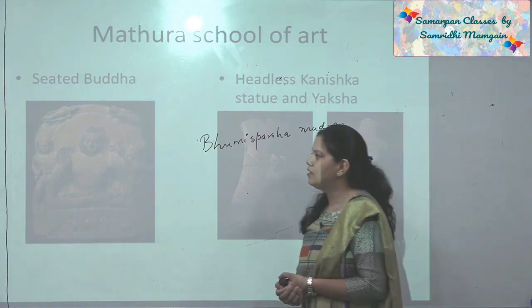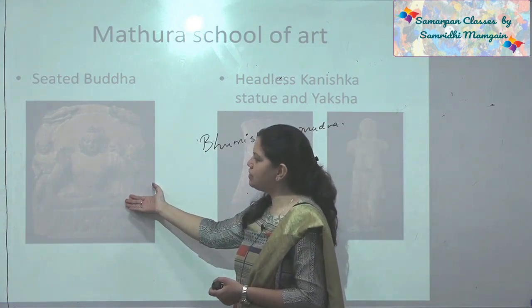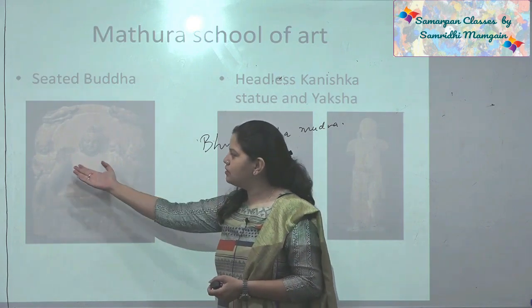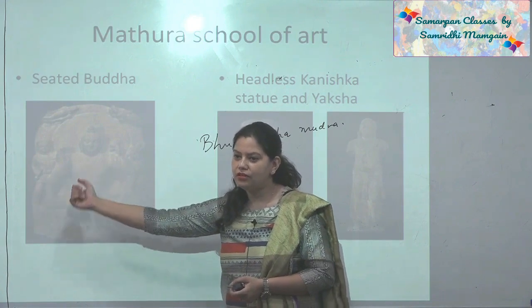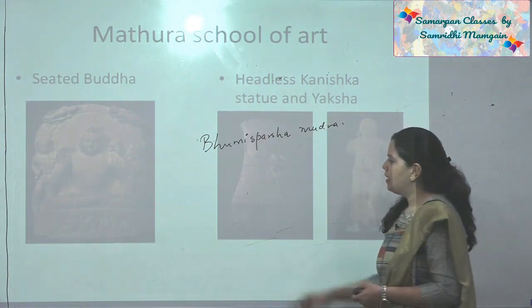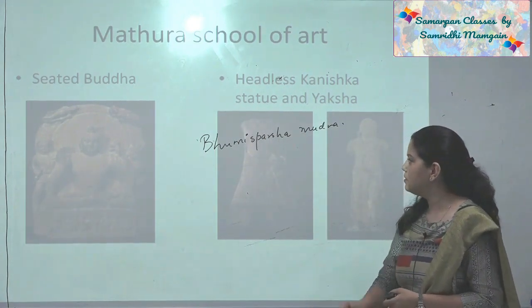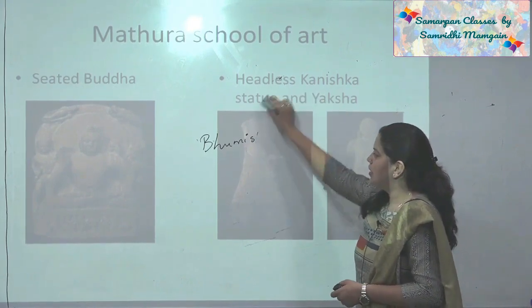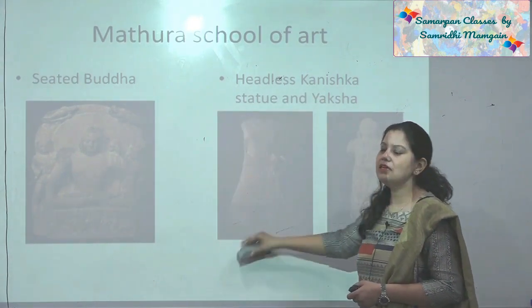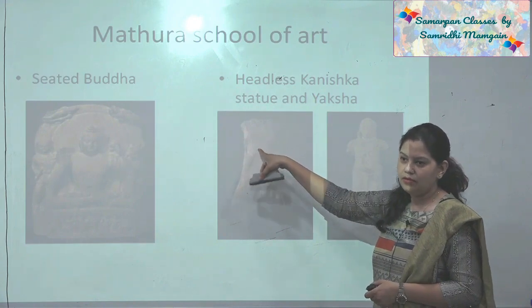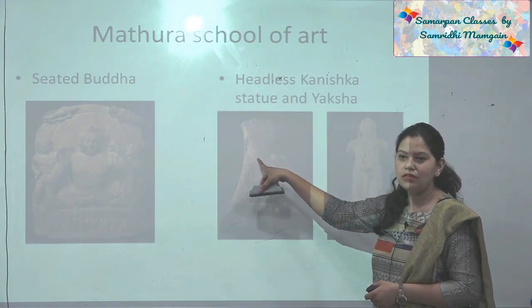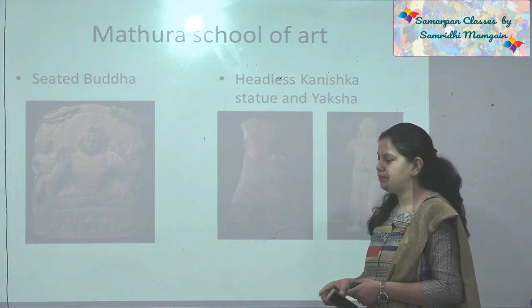This is a statue of seated Buddha, and you can see which mudra? Abhay mudra. And then this is again a famous statue which was built under this school. This is the headless statue of the king Kanishka.